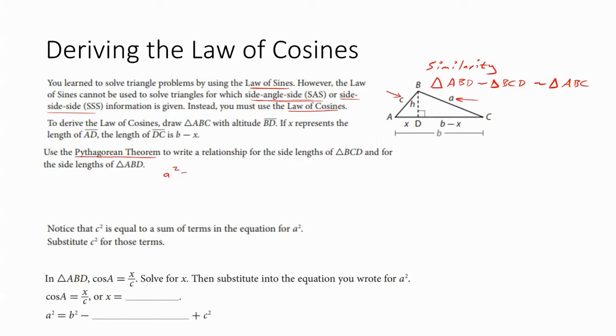We already know a squared equals this base, b minus x, squared, plus this altitude here, h squared. That's the Pythagorean theorem. Now we solve for c: c squared equals x squared, that base, plus h squared.